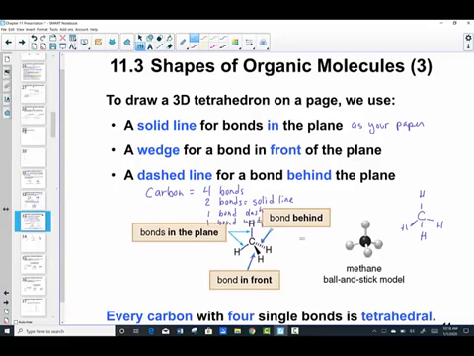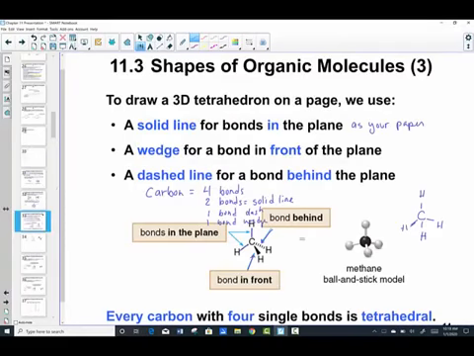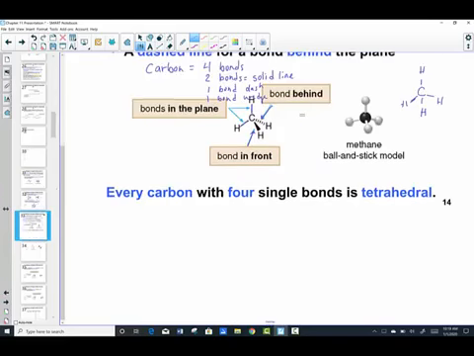And you can count on that kind of construction. So every carbon with 4 single bonds is called tetrahedral. And this particular paper is saying that we can draw those in terms of any atom coming out. 3 of the bonds will always be in the same plane.